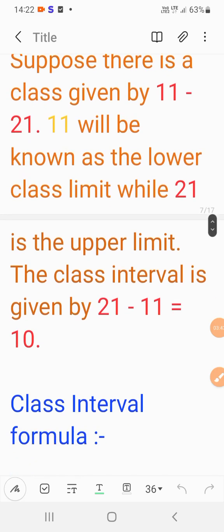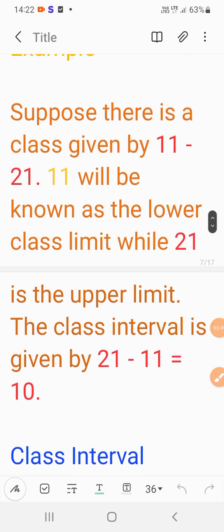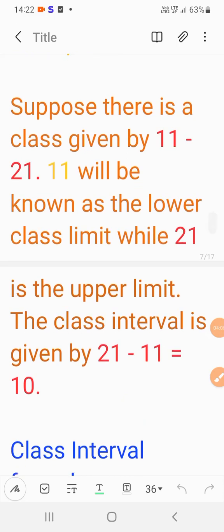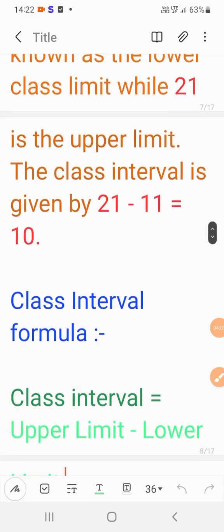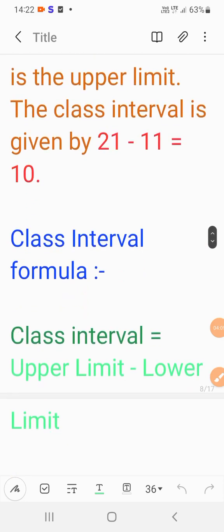So the class interval is given by upper limit minus lower limit, which is 10. So the width of this 11 to 21 class would be 10, or we can say that the upper limit minus lower limit would be 10. So the class interval of this particular class 11 to 21 would be 10. So the formula of class interval is upper limit minus lower limit.